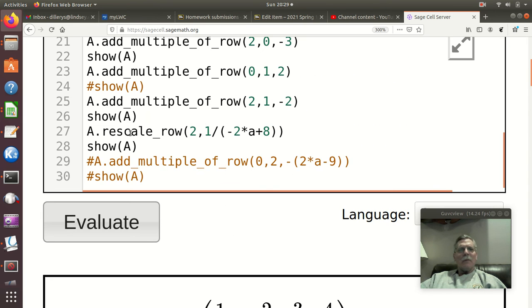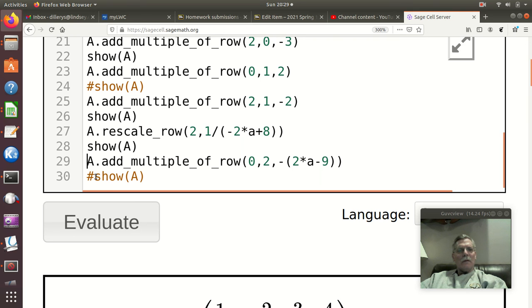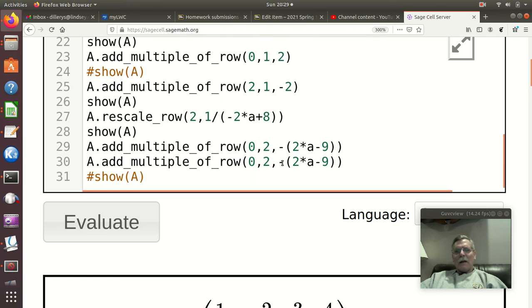Oh, wait, maybe I don't have both of those in there. So there is the negative of 2a minus 9, and I will copy that, and now I need the negative of a minus 6. Now if you're really brave, you could put in here 6 minus a, because that is the negative of a minus 6.